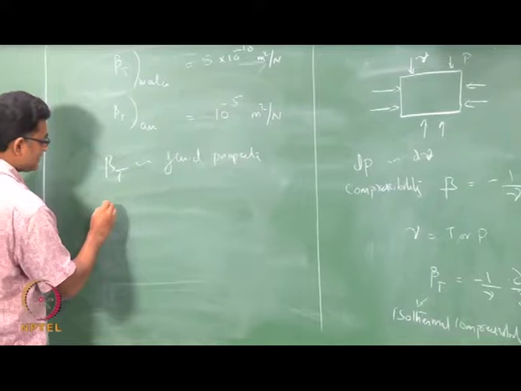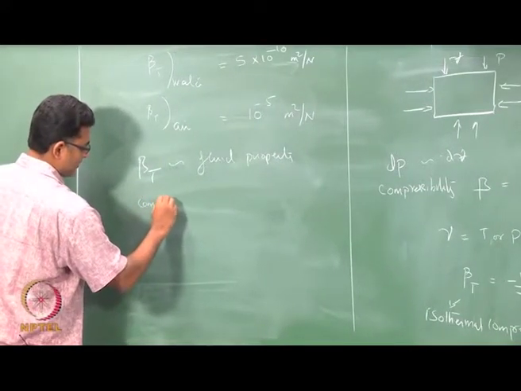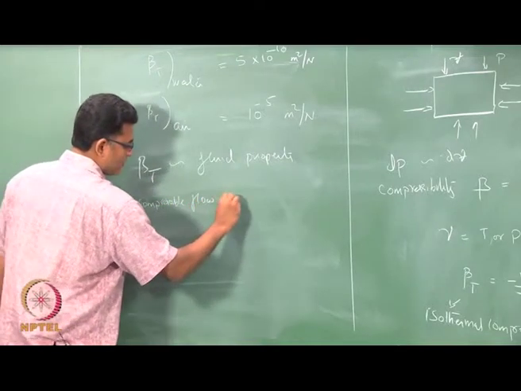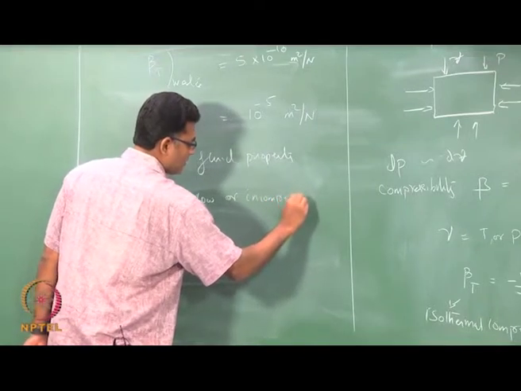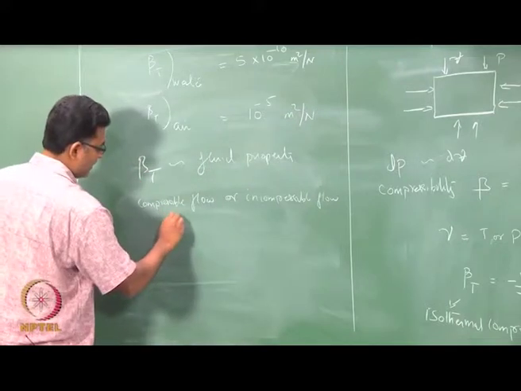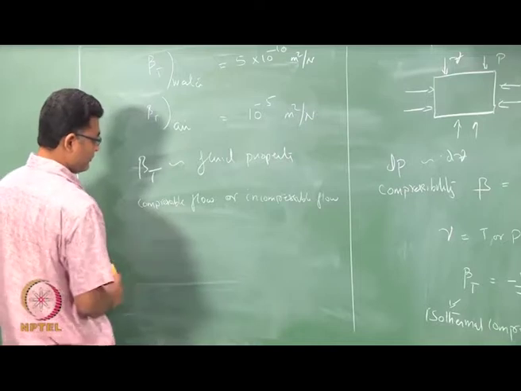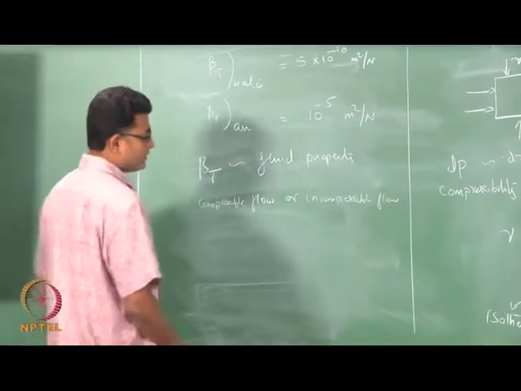So, the compressibility is a fluid property, but the flow being compressible or not is not entirely this definition. Okay. So, the flow being compressible or incompressible depends on the d rho by dt value.